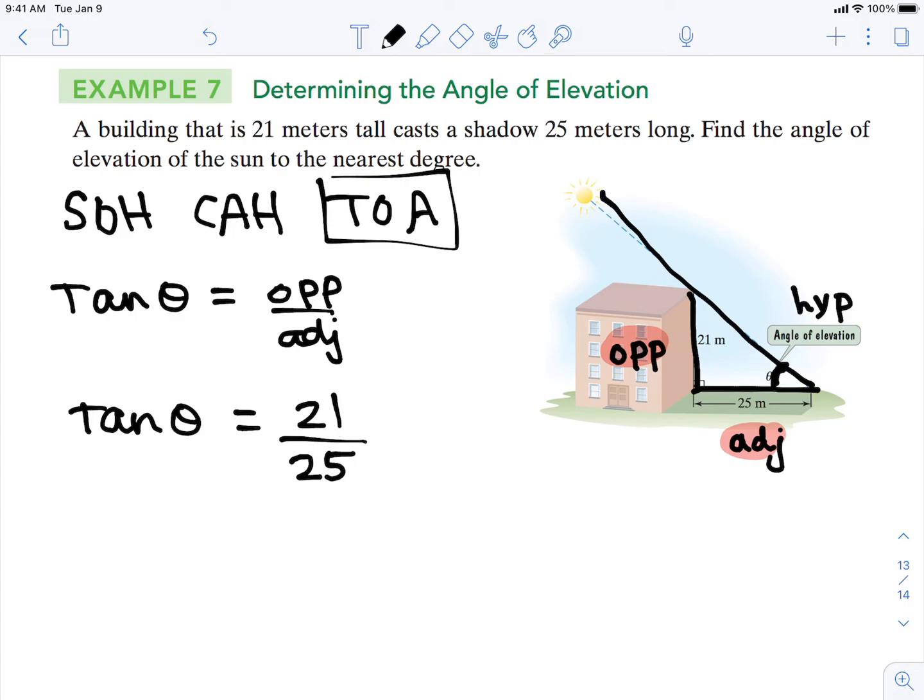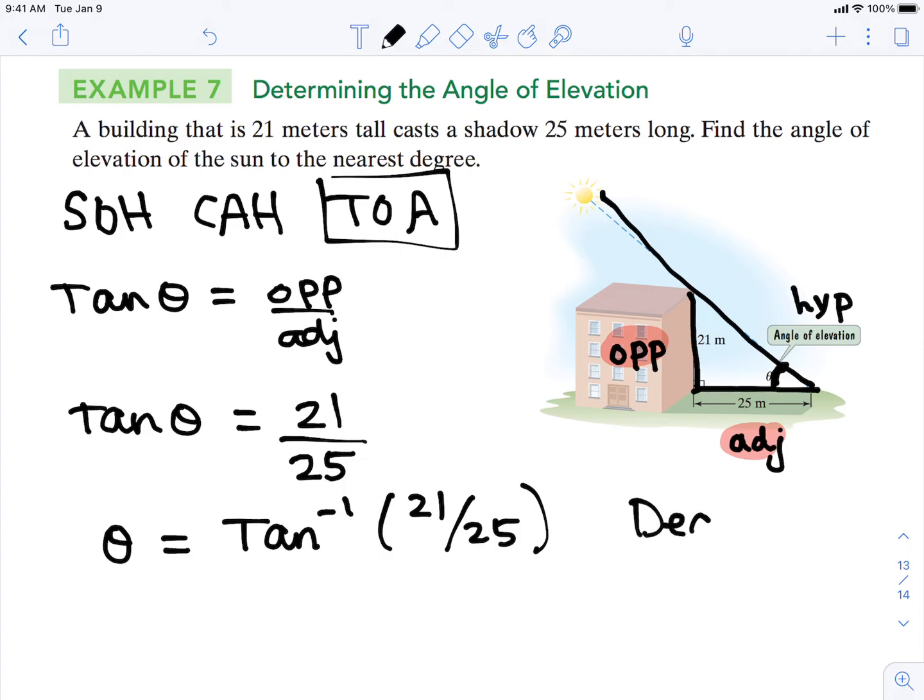We want to find the measure of the angle, so we have to use inverse trig. We're going to say theta equals the tangent inverse of 21/25. If we want to find the degree measure, we want to make sure our calculator is in degree mode. So go ahead and pause, take out your calculator, and enter this in.